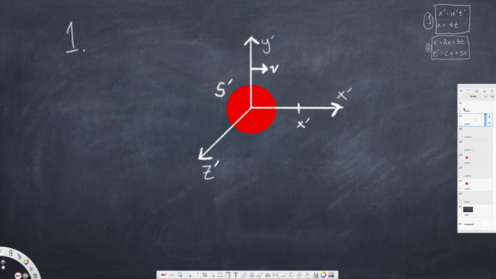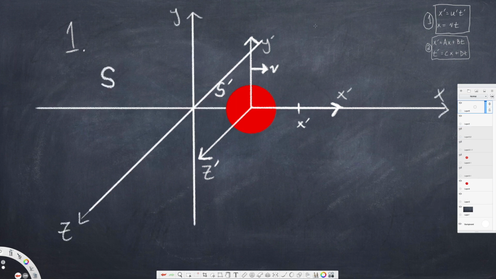One. If the object were fixed at the origin of the frame S', it would move at a speed v relative to the frame S. So equations 1 would become X' equals 0, there's no motion in this frame. But according to X, the change is v times t.